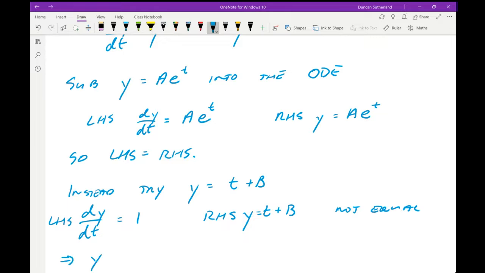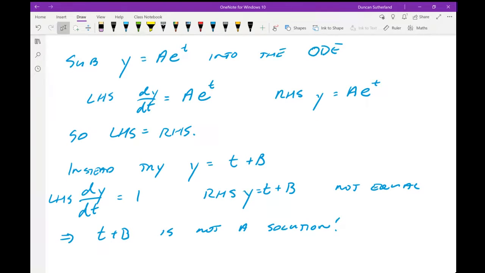Therefore t plus b is not a solution. Okay, so that's what we mean when we say y is a solution of the equation. It satisfies the ODE. Everything works. It's happy.